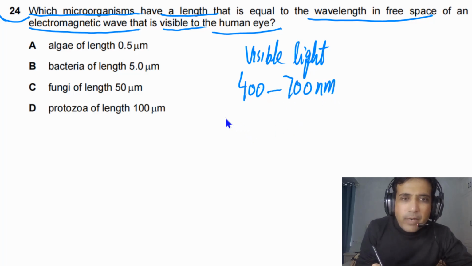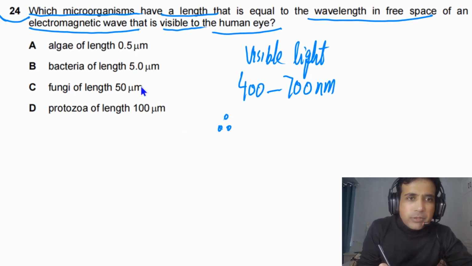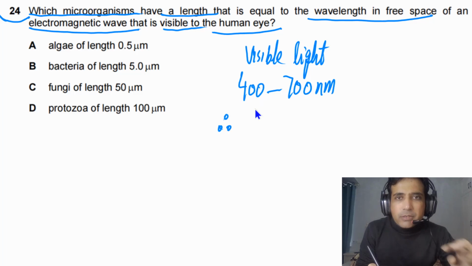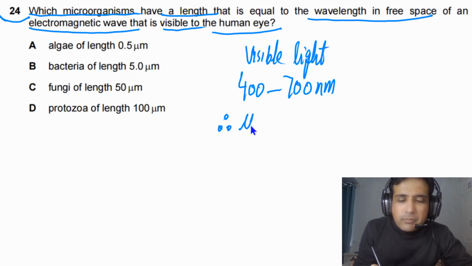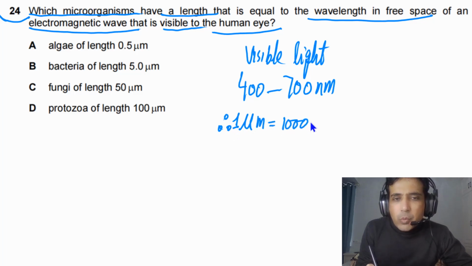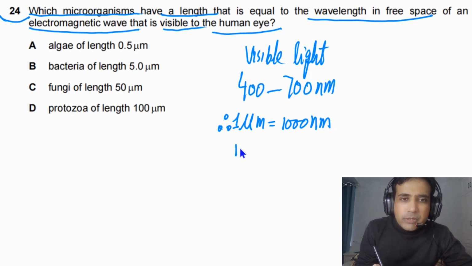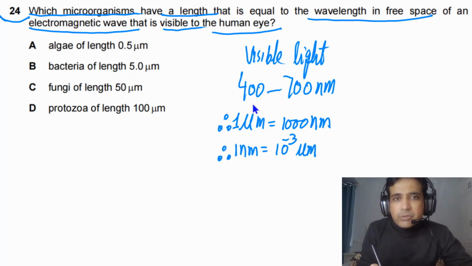If you look at these answers, they are given in micrometer. So it's better we can write this one in micrometer. 1 micrometer is equal to 1000 nanometer, or simply we can say 1 nanometer is equal to 10 to minus 3 micrometer.